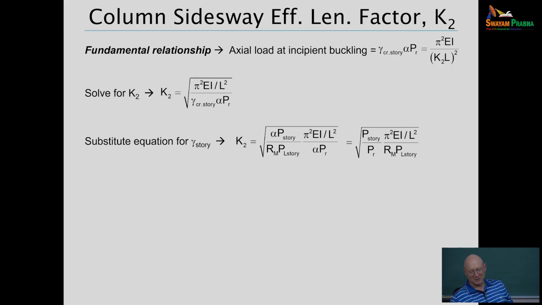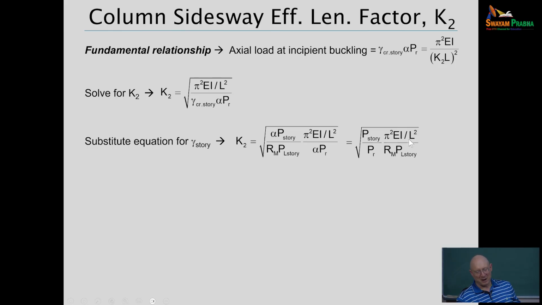It ends up being a fair amount of complicated things that can simplify down to P story over PR. PR stands for the required loading. It's what you're getting from your analysis. It's the loading you're designing your column for. It's equal to PU if we were just doing LRFD. We could change all these to LRFD and take out the alpha and just use a PU.